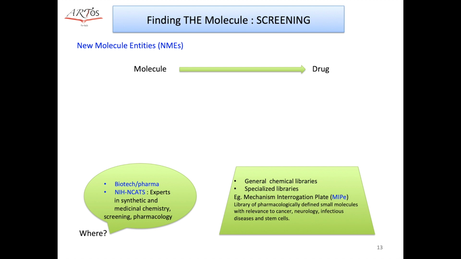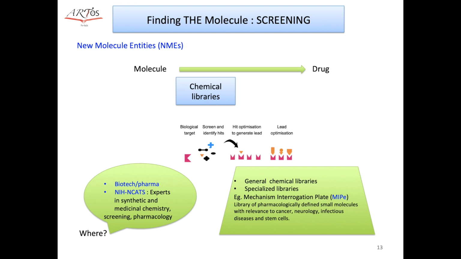To find a new molecule entity, also called a compound, the screening is performed with chemical libraries. The compounds are incubated with the target. The compound binding or altering the function of the target is called a hit. Based on that hit, the chemist will find a family of compounds.